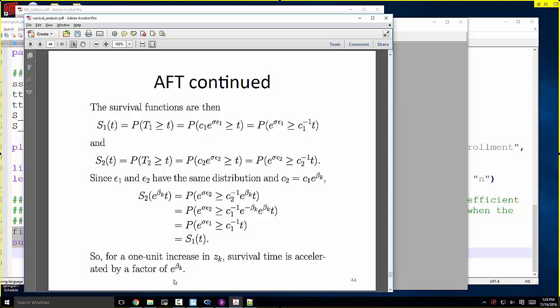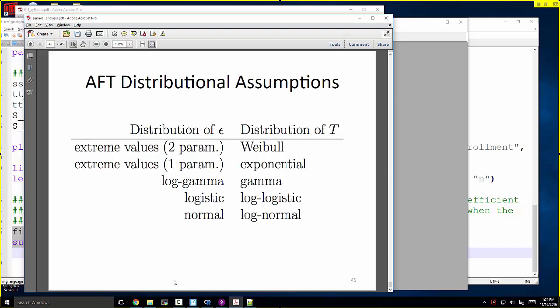The nice thing about AFT models is that they can accommodate a variety of probability models. AFT models are parametric, so you have to specify a distribution to use. In fact, you have to specify two. You have to specify the distribution of the event times and a distribution of the residual terms.